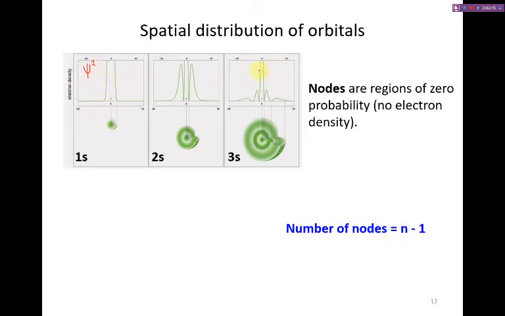That's what these three graphs on the top represent. These represent electron density. If you take that and then rotate it around into 3 dimensions, you get this pictorial representation. These are 3-dimensional representations of the electron densities.